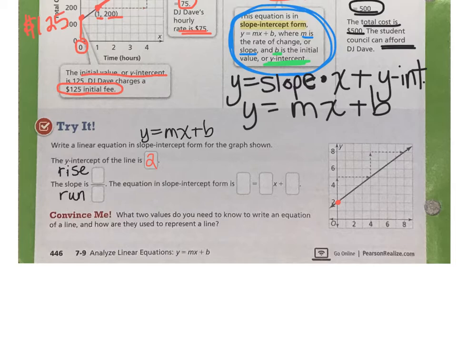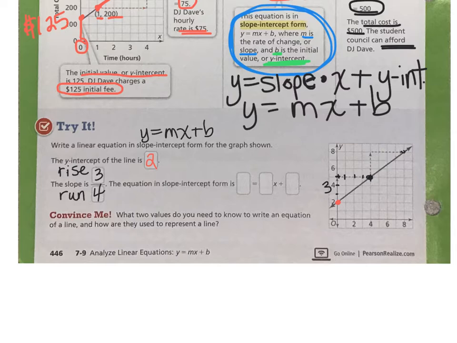In this case, to get to the next point on the graph, it crosses through the grid lines. You can see that they are moving from that y-intercept number at 2 up 1, 2, 3 units up. So that's my rise. And it's moving over 1, 2, 3, 4. So the run is 4.